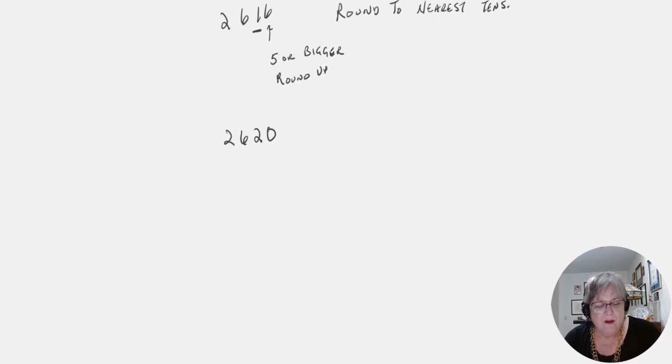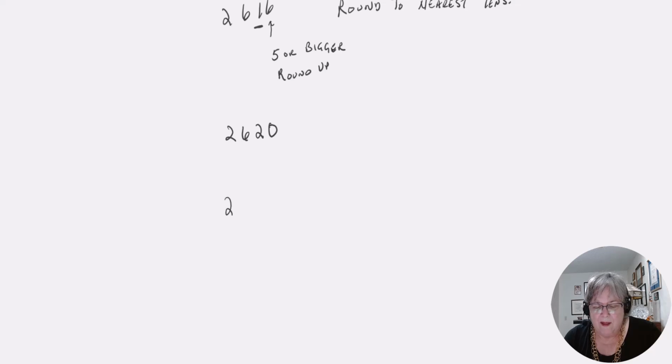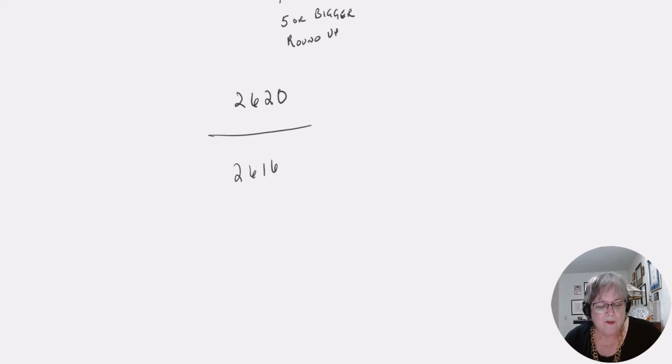All right. What if we wanted to take that 2616 and this time we're going to round it to, let's say, I don't know, let's round it to the hundreds. Okay, so round to the hundreds.